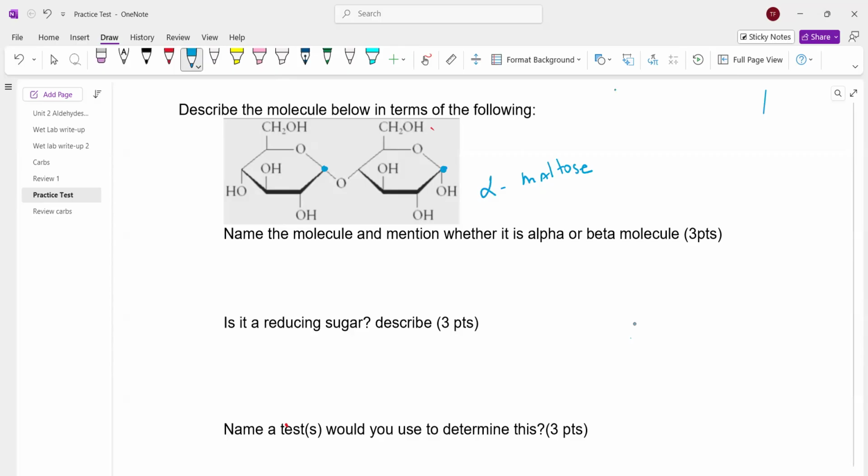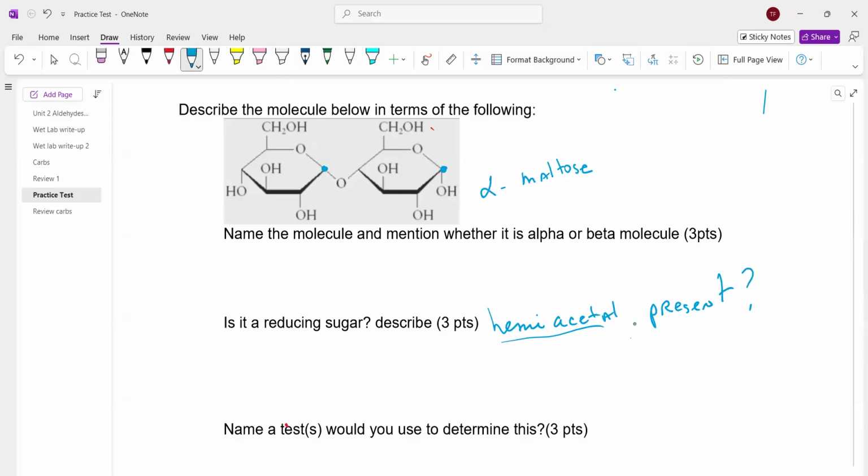Okay, is it a reducing sugar? Is a hemiacetal present? If so, it is. If it's not, it's not. This is the key to reducing sugars, as hemiacetals open up to an aldehyde, which can then be oxidized.